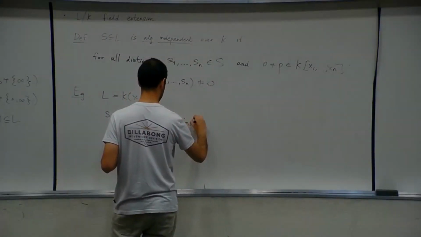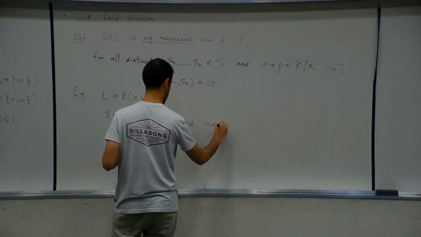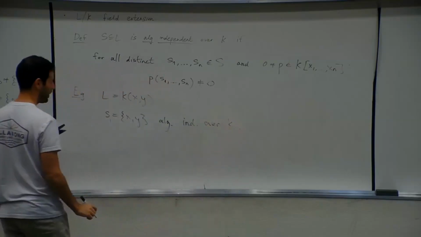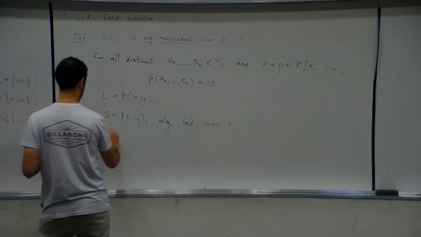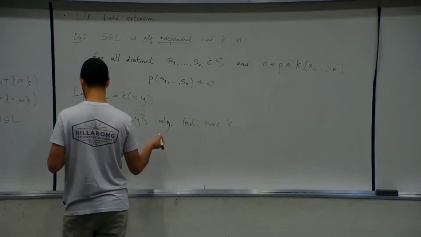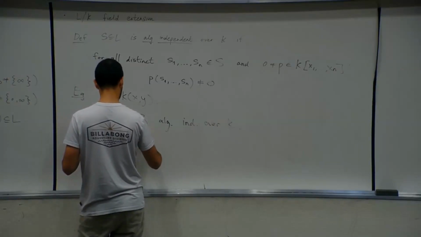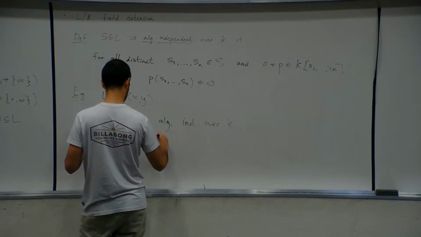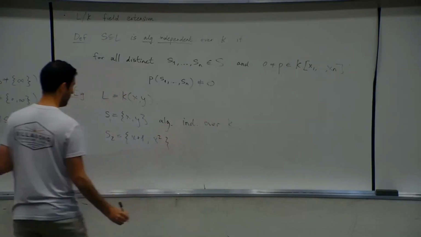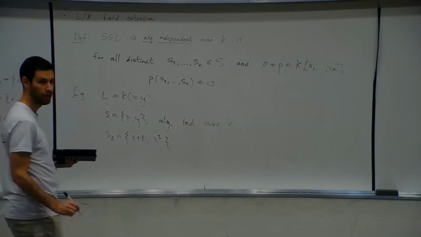This is obviously algebraically independent over K. But what if we consider x plus 1 and x squared?